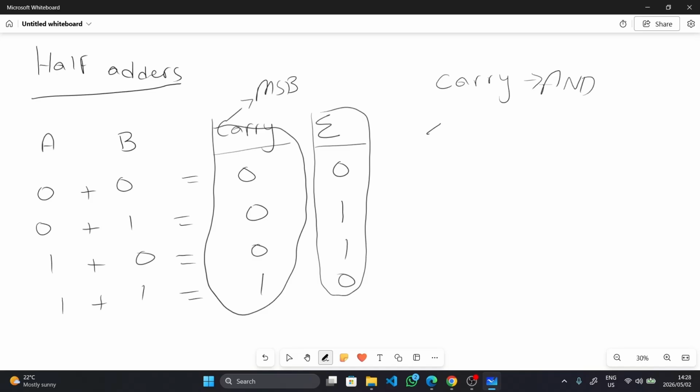And our sum is representing the exclusive OR gate. If you look at the truth table, that will show you the output for the exclusive OR gate. So our half adder is a combination of these two logic gates.